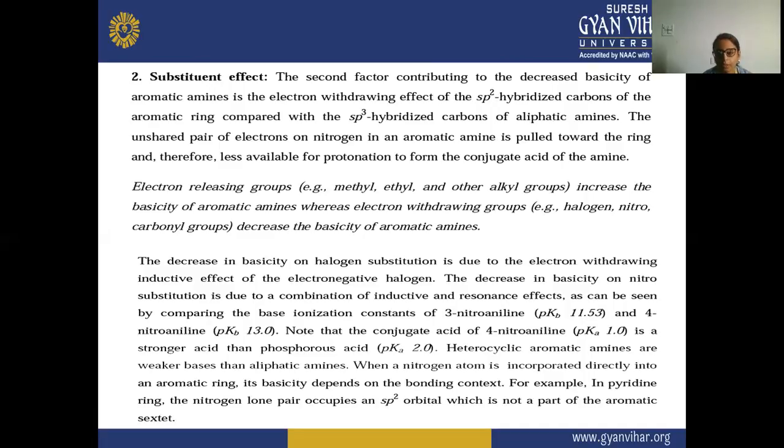they are decreasing the basicity of the nitrogen of this amine, because they have an electron withdrawing inductive effect due to the electronegativity of the halogen. Halogens are electronegative, and that is why they are always electron withdrawing groups, always showing the electron withdrawing inductive effect.